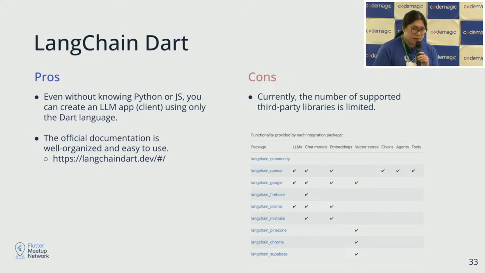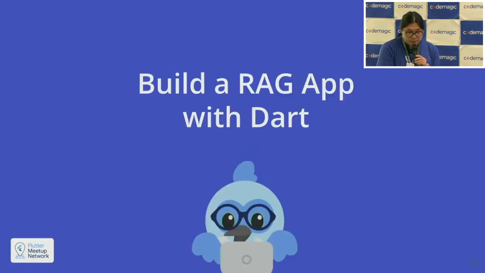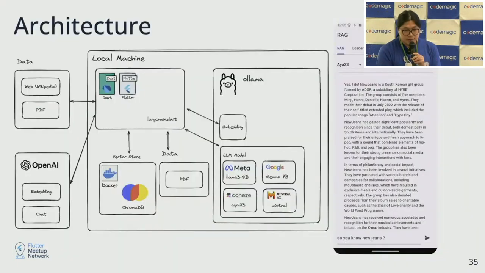On the downside, the number of third-party libraries is limited. But there are no issues for basic usage, such as implementing RAG or LLM apps. Next, let's move on to how to build a RAG app with Dart using LangChain Dart.